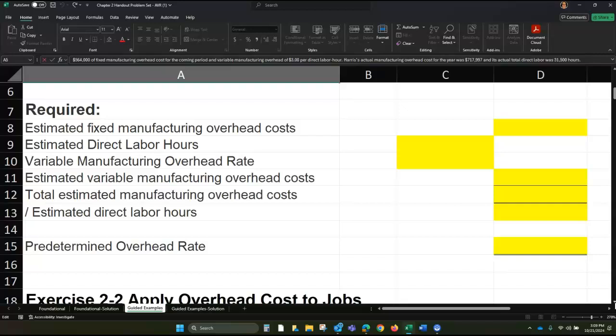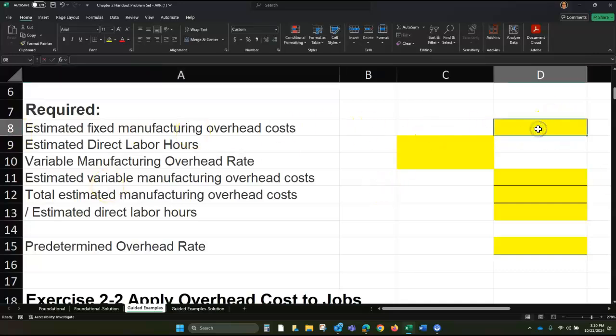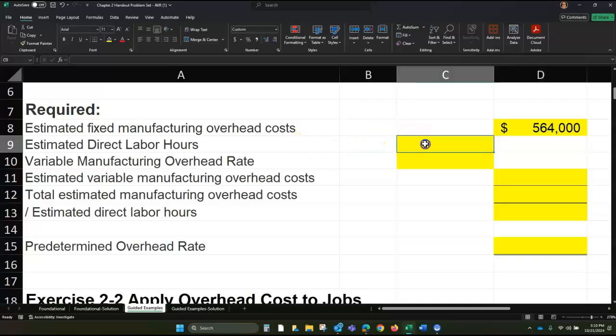So again, remember, predetermined overhead rate, that is all of the estimates. Okay? All right, so our estimated fixed manufacturing overhead cost, now this one, I didn't give you any kind of input area on it or anything because some of these are actually fairly short. So how much was the estimated fixed manufacturing overhead? The 564. Good.